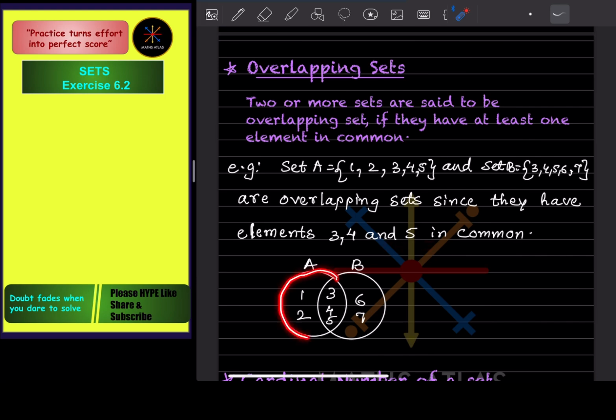We draw these two circles and whatever is common we write in the middle. So 3, 4, 5 are common, and the rest will be just 1 and 2 on one side and just 6 and 7 on the other. This is called overlapping sets.